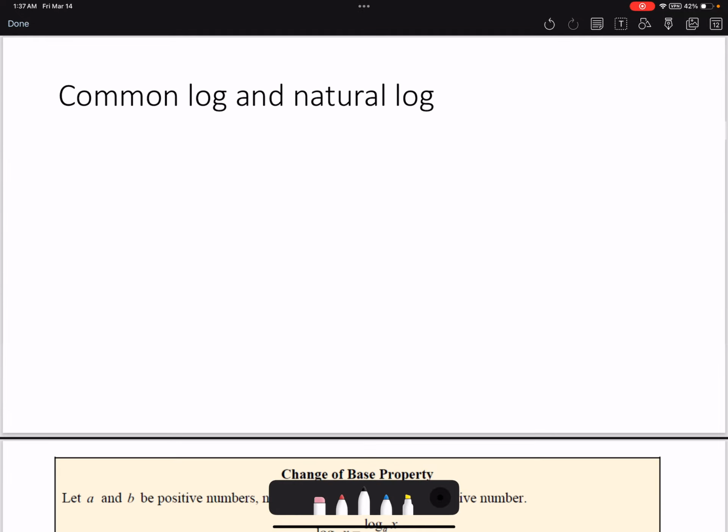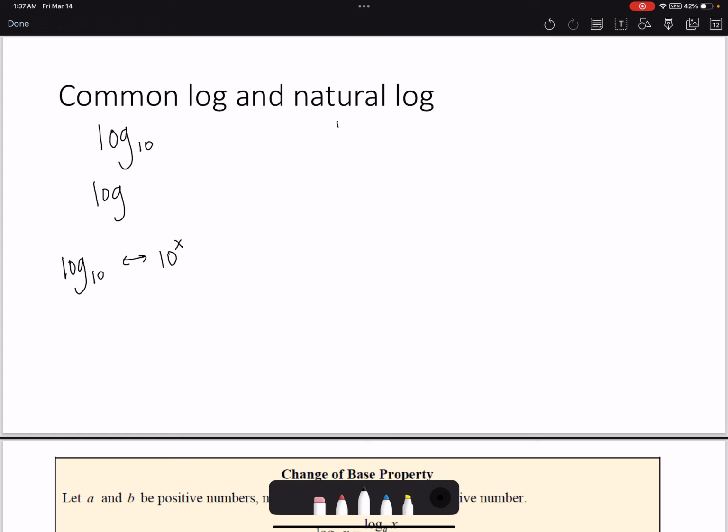Next is the common log and the natural log. The common log is log base 10, and what you normally see on a scientific calculator is just log. Log base 10 and 10 to the x are inverse operations; they undo each other.